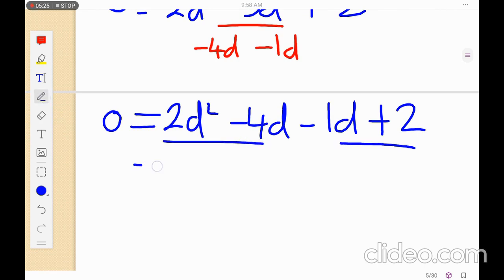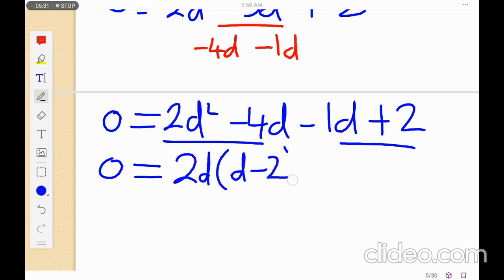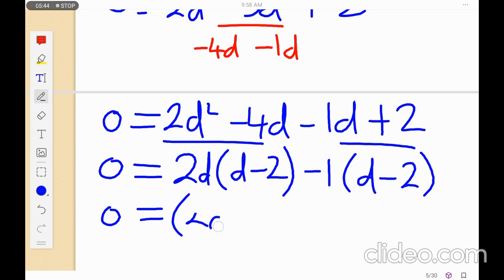So I'll have 0 is equal to, I can take out 2d here and remain with d minus 2 here. Then I can take out minus 1 here and remain with d minus 2 here. Now, when we have that, I can have factors of 2d minus 1 and d minus 2. Those are the factors.